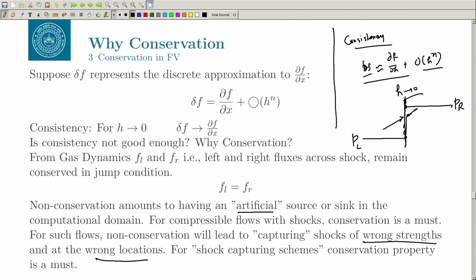So shock capturing schemes ensure that the conservation property is obeyed. That is why finite volume is a very good approach if you want to resolve shocks, compared to the finite difference approach, because finite volume by default guarantees conservation.